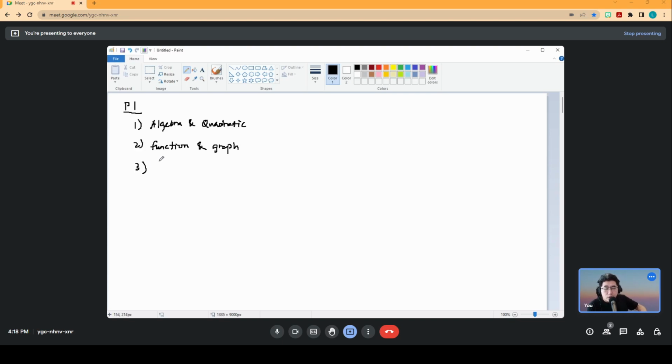Number three, we have coordinate geometry. Then I continue with number four, which is our AP and GP, series. Then we still have number five, circular measure.